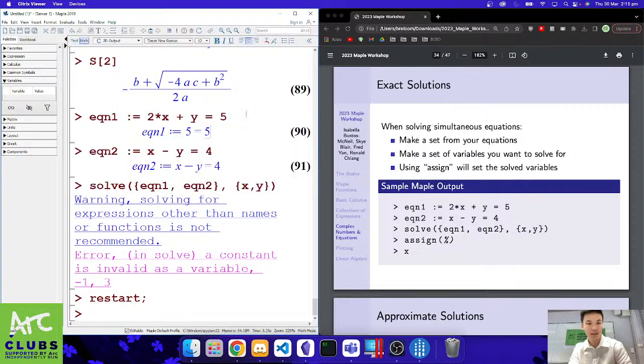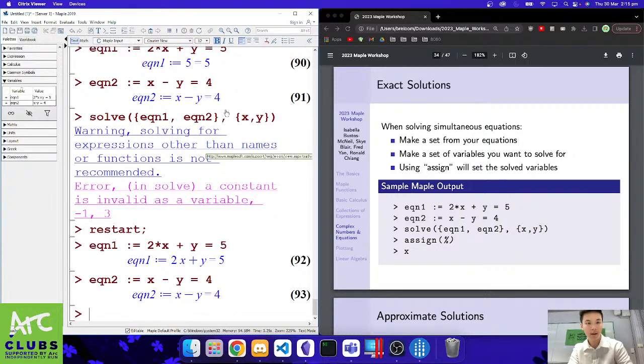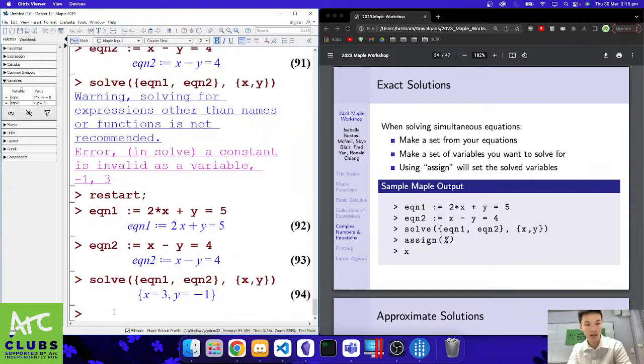Let's reassign these. So we assign equation 1, assign equation 2, and we solve for it again. Yeah, and there we go. So oftentimes when you run into problems, it probably is because we have too many variables assigned. We just got to hit the restart command and it resets everything.